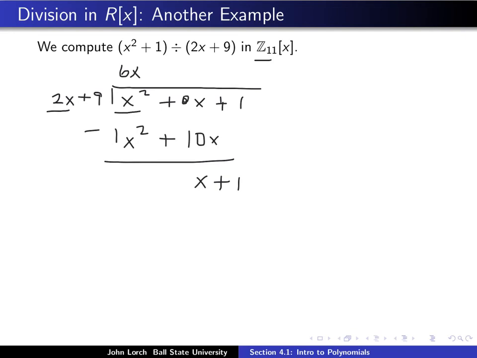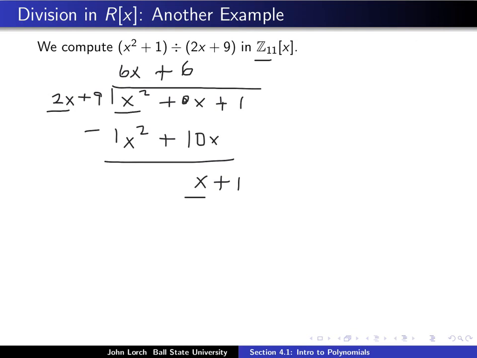I want to take the leading term of my divisor and divide it into the leading term of this new object, which is x. So I ask myself, what is it that I multiply by 2x to get x? And again, 6 is going to be involved. If I take 6 times 2x, I'll get 12x.